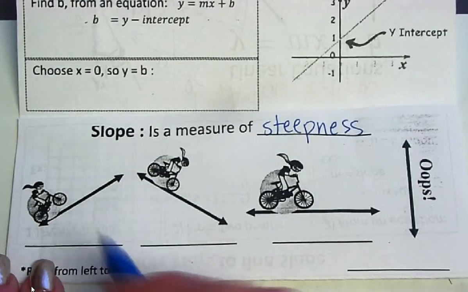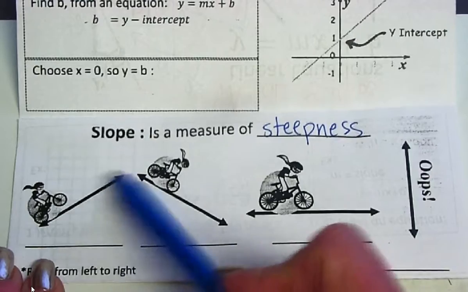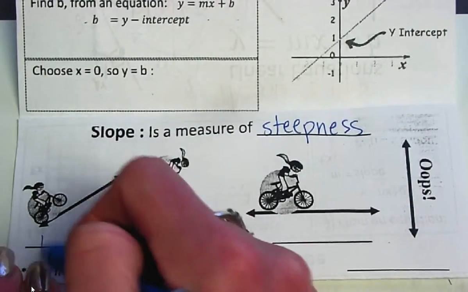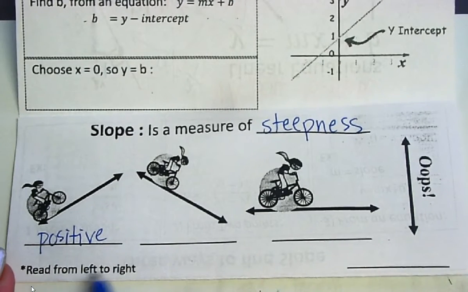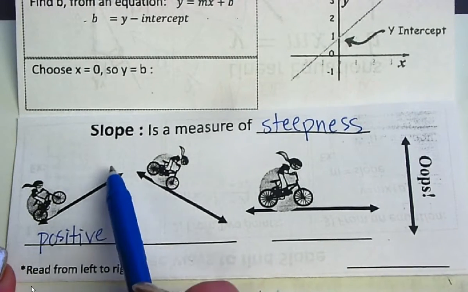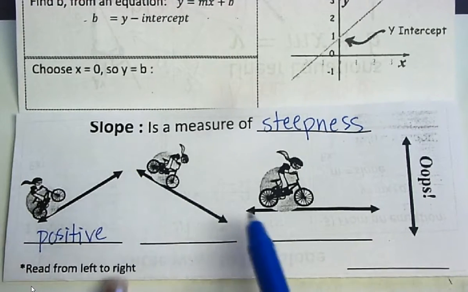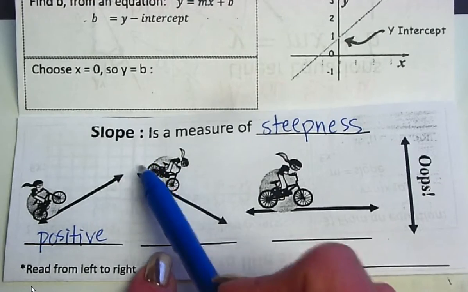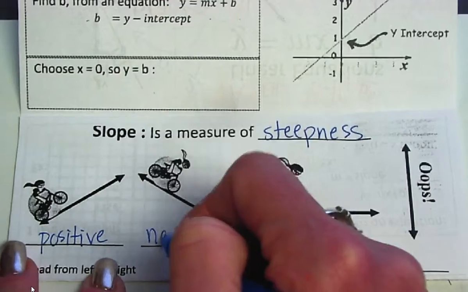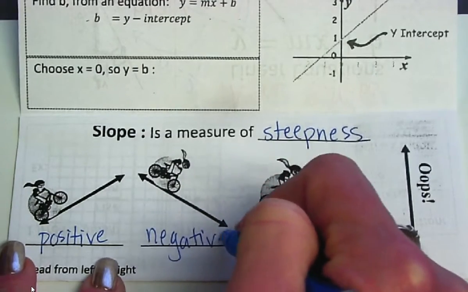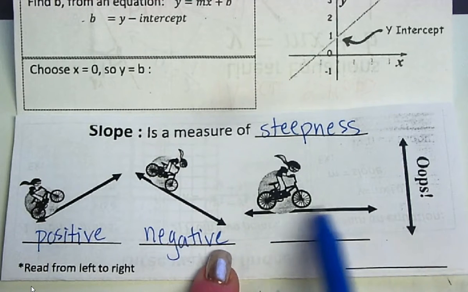And we've learned 4 different types of slope. This was in our last foldable. When we're going up, like this bicycle here, this is going to be a positive slope. And just here it says read from left to right. So if I look at that line going from left to right, this person's going uphill. So that's going to be a positive slope. This one here, if I read from left to right, is going down. So that's a negative slope. And if you notice here, this one doesn't go up, it doesn't go down, it goes straight across.